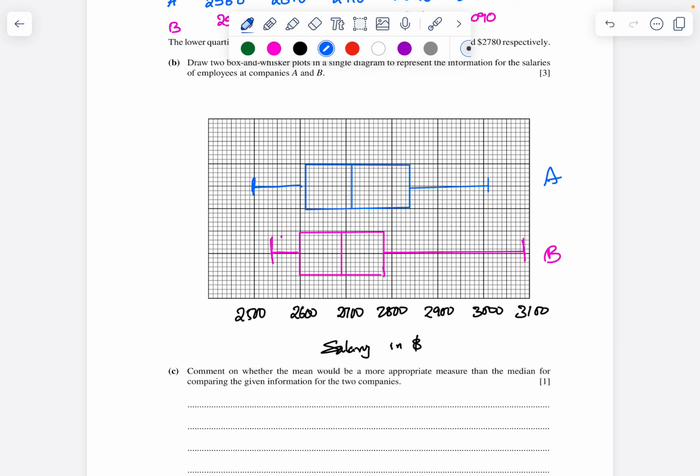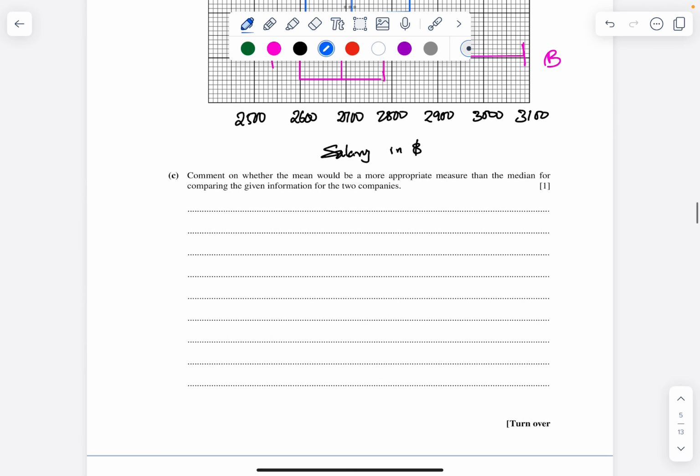Comment on whether the mean would be a more appropriate measure than the median for comparing the given information for these two. The mean is less appropriate. Why? Because it is affected by the outliers. Mean is less appropriate than median.